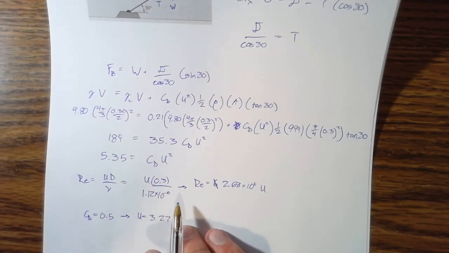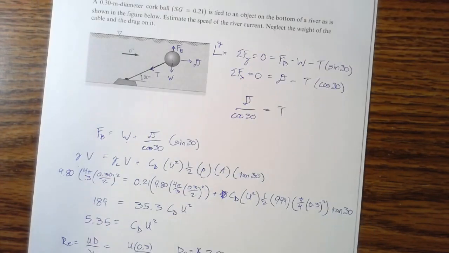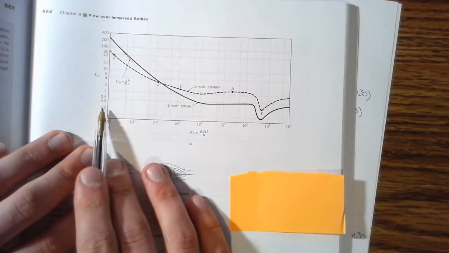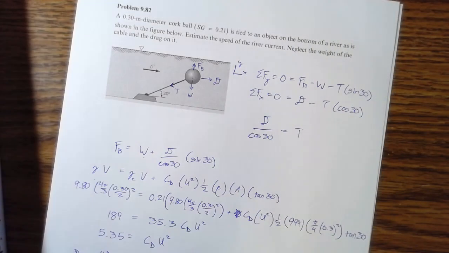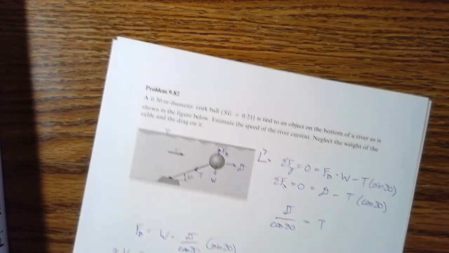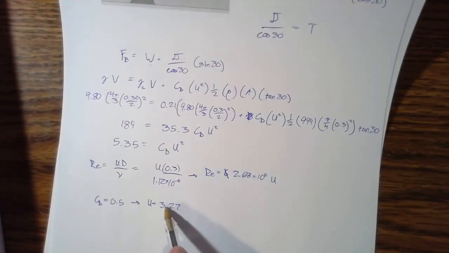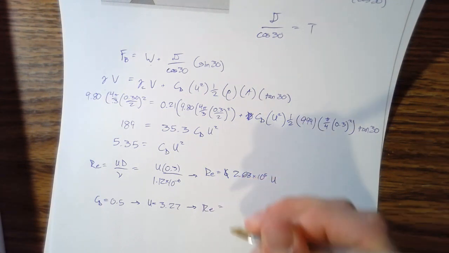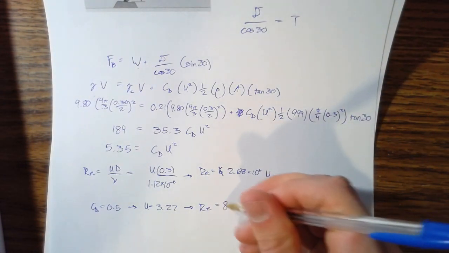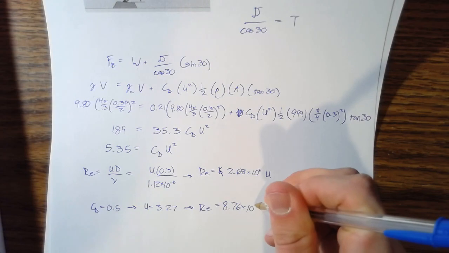And if we plug our velocity in up here, what we'll get for our Reynolds number is 8.76 times 10 to the fifth.